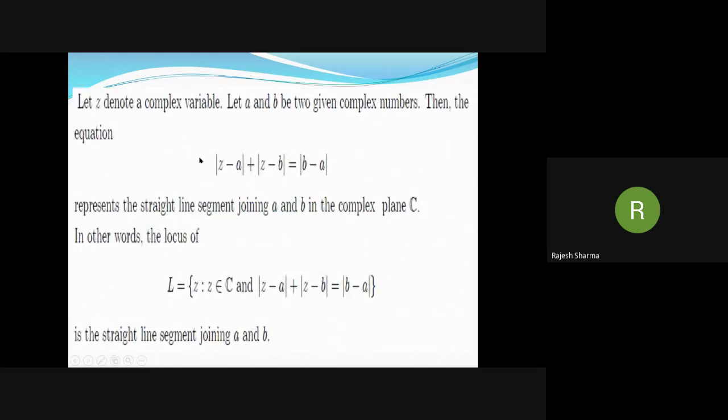If Z is a complex variable, A and B are fixed complex numbers, then the equation |Z - A| + |Z - B| = |B - A| represents a straight line segment joining points A and B. In other words, the locus of the set of all complex numbers which satisfy this equation is a straight line segment joining A and B.